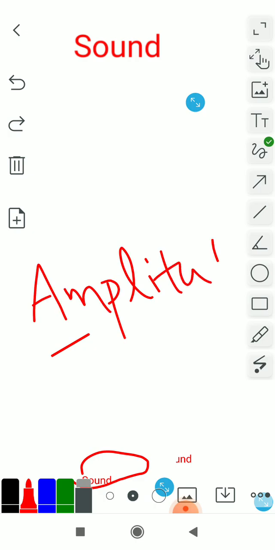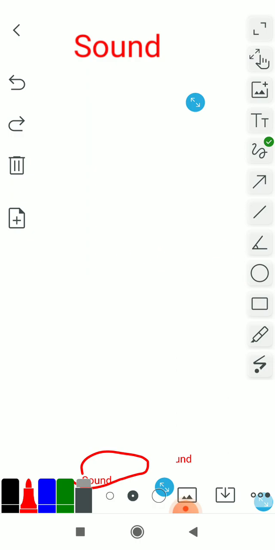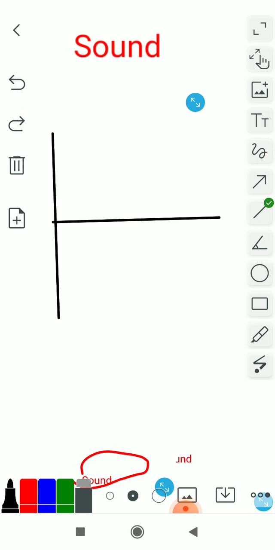Now you might ask, how can I get to know whose amplitude is greater, whose amplitude is lesser? Let us draw two graphs. First graph is like this, second graph is like this.